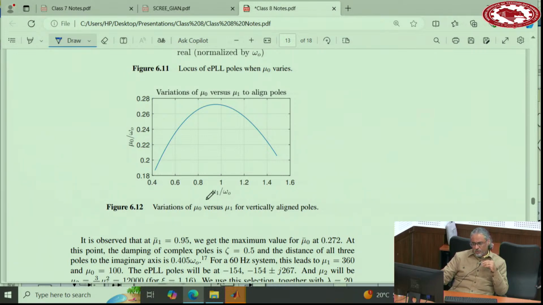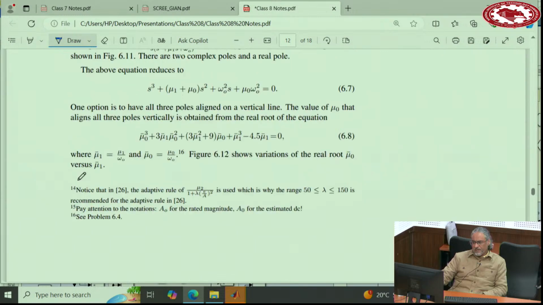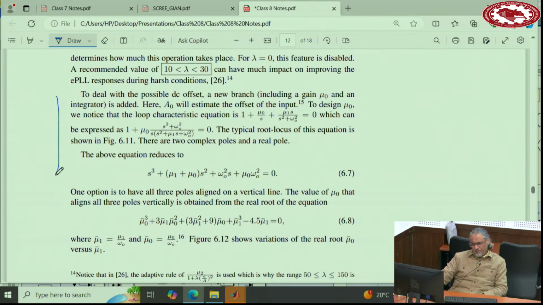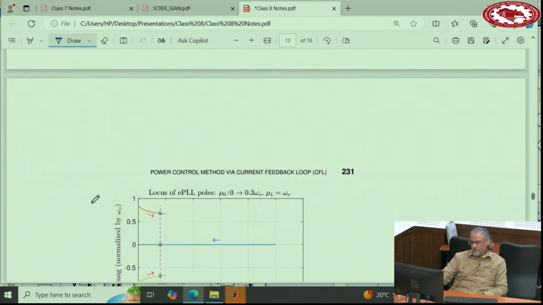Once you choose mu 1, because we already talked about how to design mu 1, you take mu 1 divided by omega 0, that's this axis here, and this axis here is mu 0 divided by omega 0. So let's say mu 1 divided by omega 0 is 0.8. Then you go up here, and then you find your mu 0. This comes from this analysis here. Very simple analysis, but I don't want to spend much time on this.